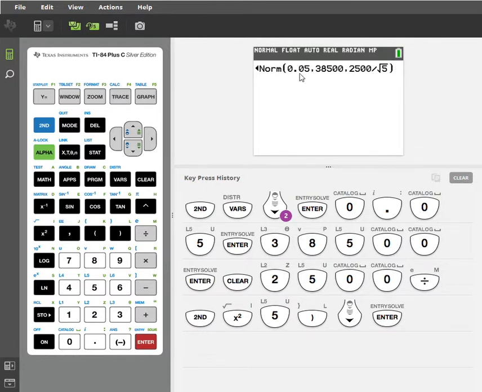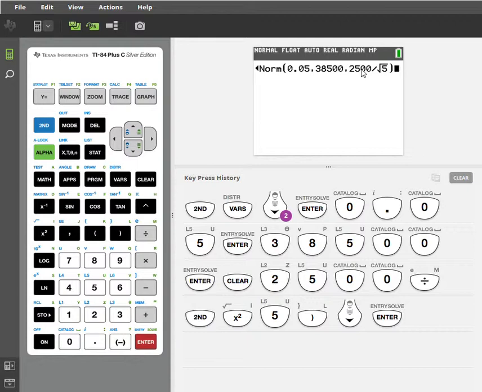Inverse norm, percentile as a decimal, population mean, and then whatever standard deviation you're dealing with. If you're looking for a percentile for a population, what is the data value that separates the lowest percent of all data values?